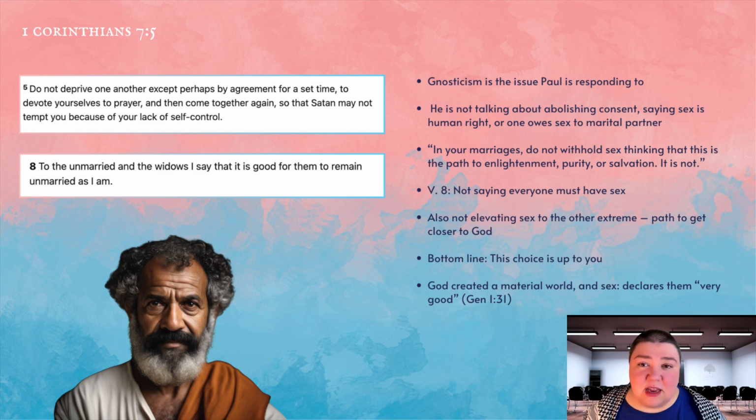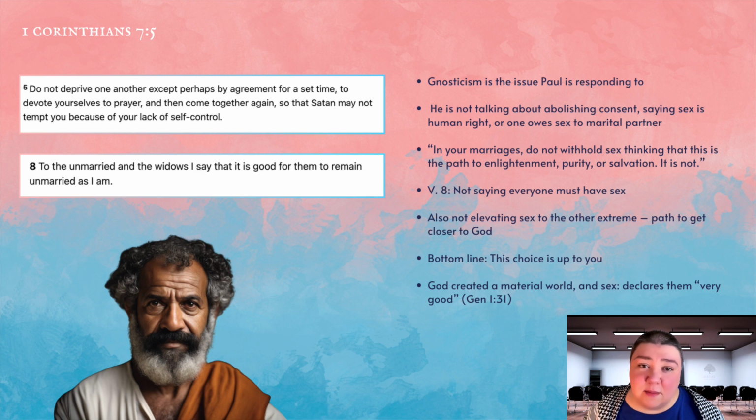He goes on to say in verse 8, to the unmarried and the widows, I say that it is good for them to remain unmarried as I am. So Paul is not saying everyone must be having sex, nor is he, as some believers have, elevated sex to the other extreme of being some sort of path to getting closer to God. There is here a clear picture of this choice is up to you.